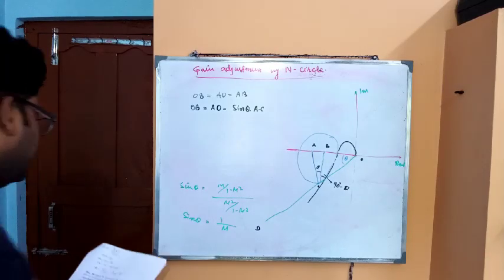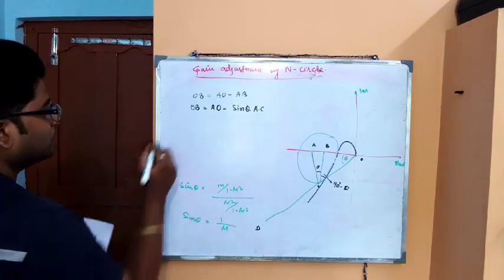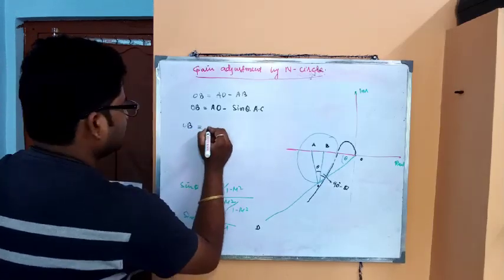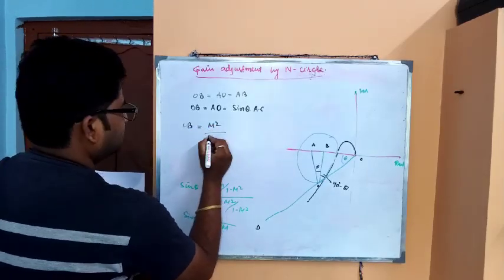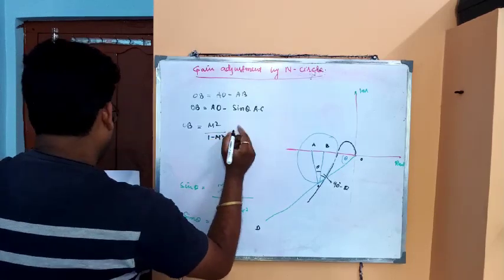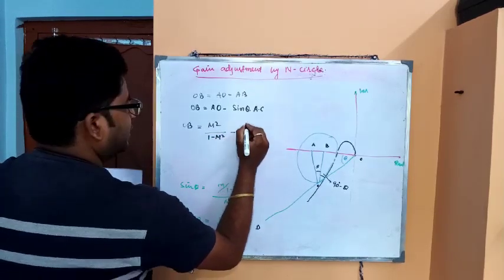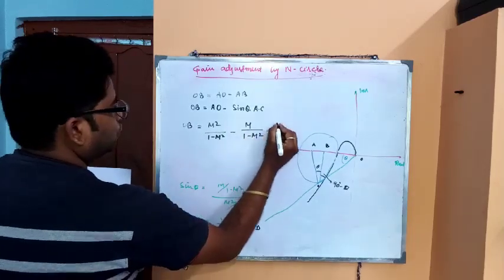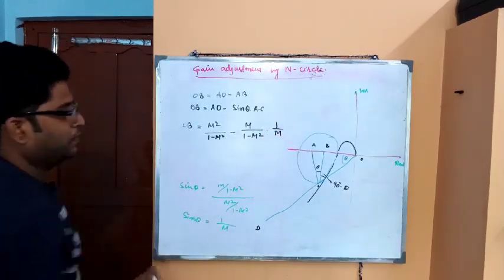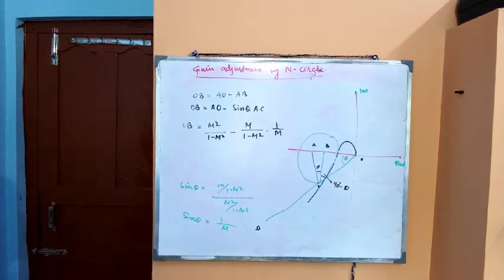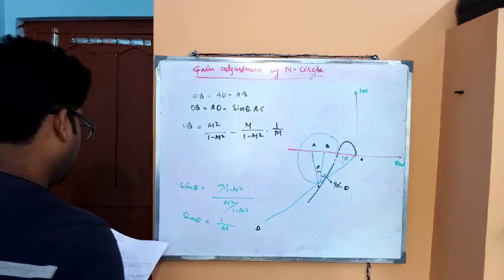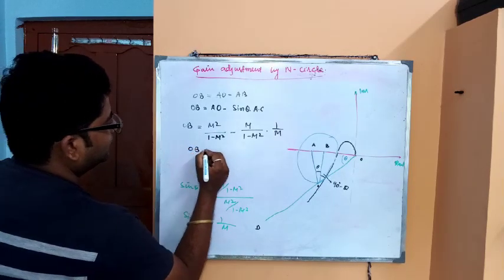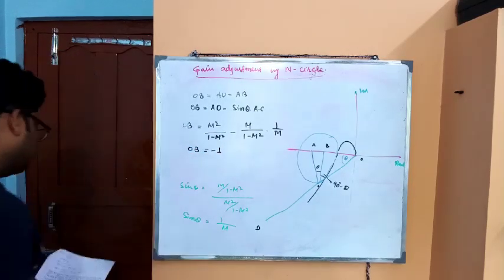From the previous expression we have written, OB is equal to M square upon 1 minus M square minus M upon 1 minus M square into 1 by M. Okay, we are putting the value of M over here. Now after simplifying this expression, OB we got as minus 1.